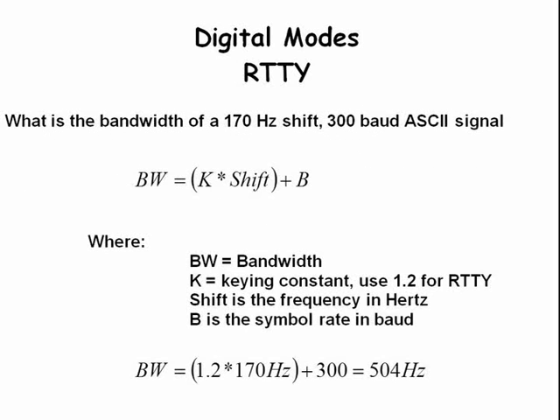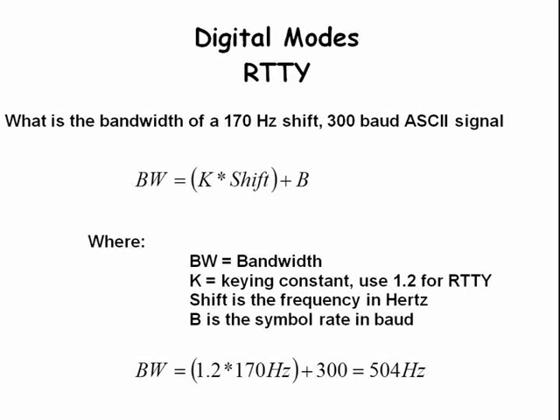What is the bandwidth of a 170 Hz shift 300 baud ASCII signal? The equation is that the bandwidth equals K times the shift quantity plus B, where K is the keying constant, 1.2 for radio teletype.